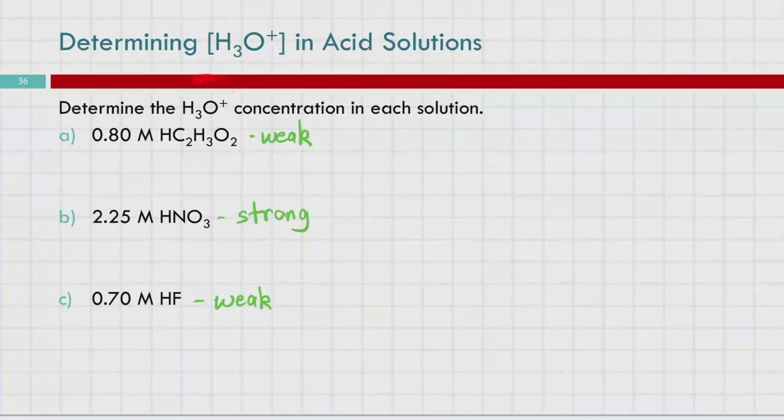So we want to find the H3O plus concentration for each of these solutions. How many ionizable protons does acetic acid have? Where do we find our ionizable protons? What does ionizable mean?